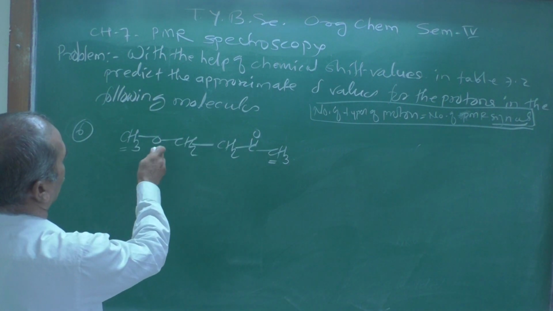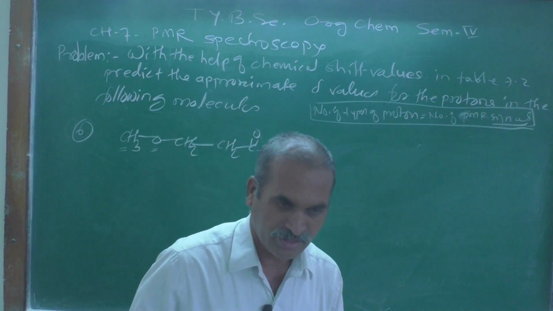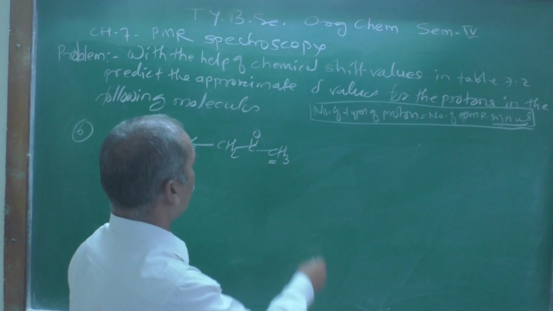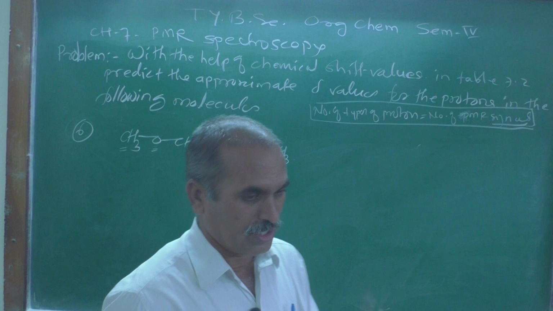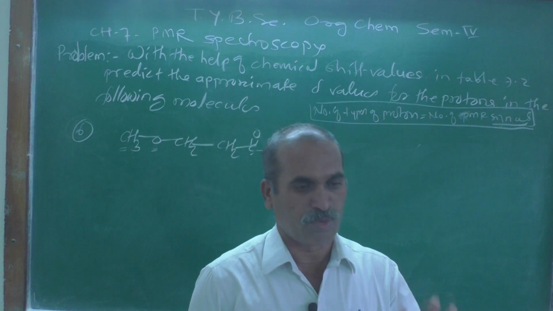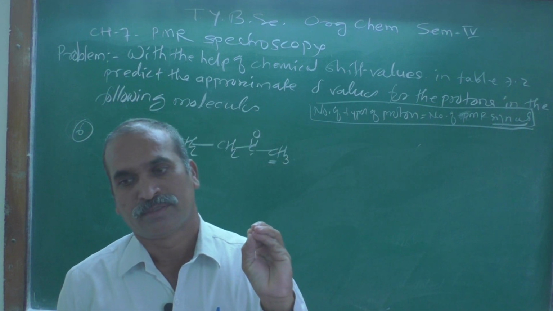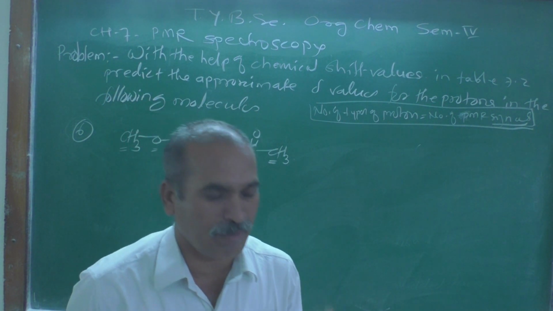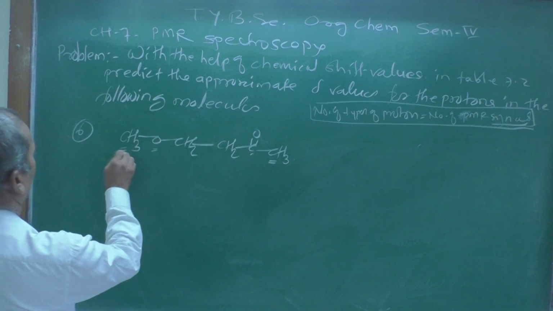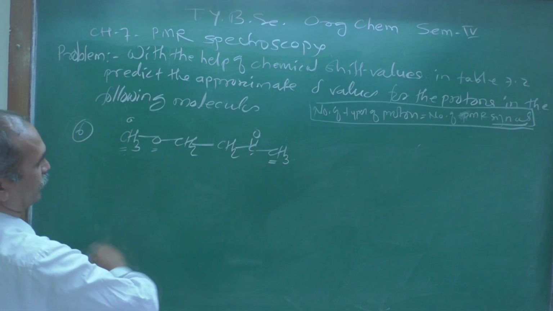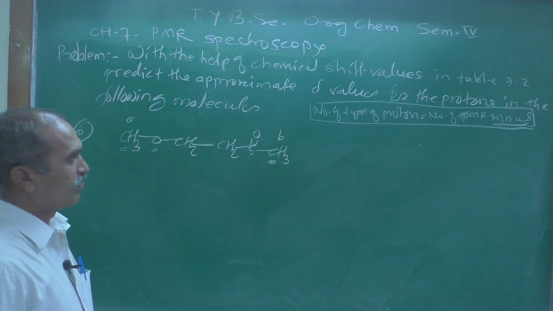This methyl group is attached to an oxygen atom, which is more electronegative, and this methyl group is attached to the carbonyl group, so definitely both are in different chemical environments. So I am labeling this one A proton and this methyl group B proton.